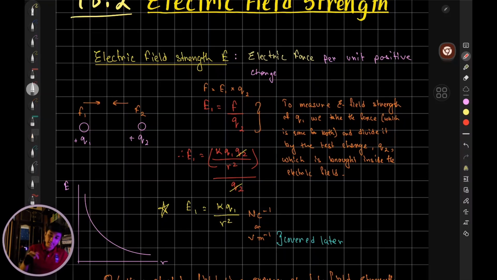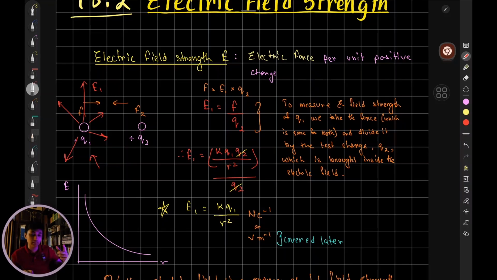In this case, I have to clarify the notation, the 1 and 2 part, Q1 and Q2. We are going to take the electric field of one charge, let's say Q1, its electric field E. So the field around Q1 is being denoted as E1, electric field strength, and we're going to be measuring Q1's electric field strength.